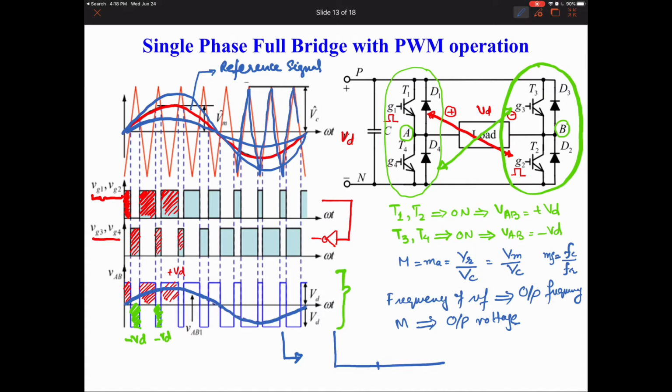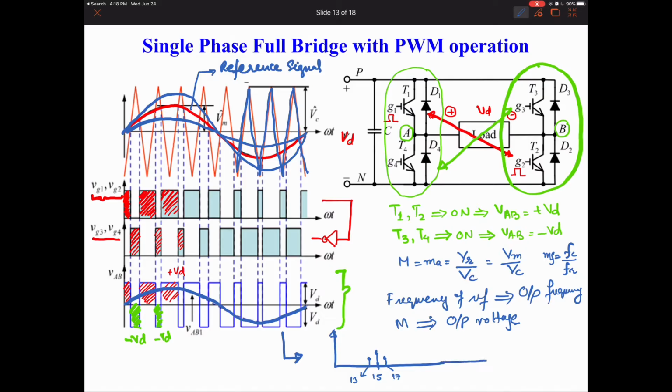So if, let's suppose, the carrier frequency is 15 times higher than your reference frequency, then MF is equal to 15. So the 15th harmonic will appear along with the side bands, and the side bands will be the 13th harmonic and the 17th harmonic, because only odd harmonics can be present in the spectrum.